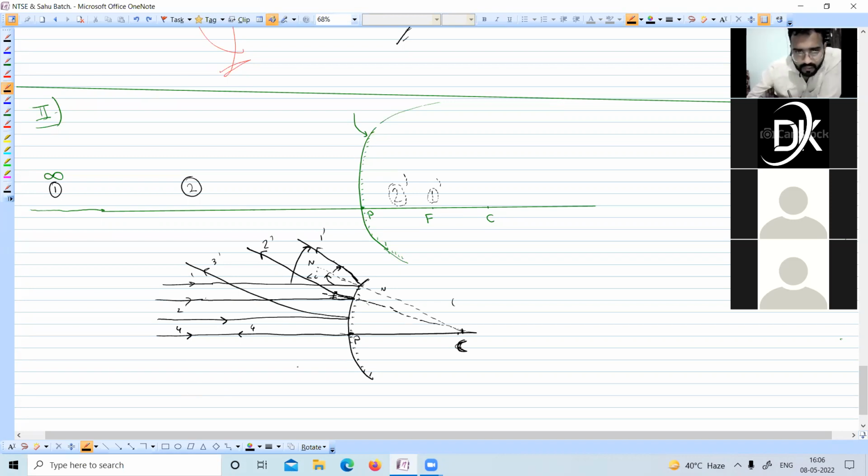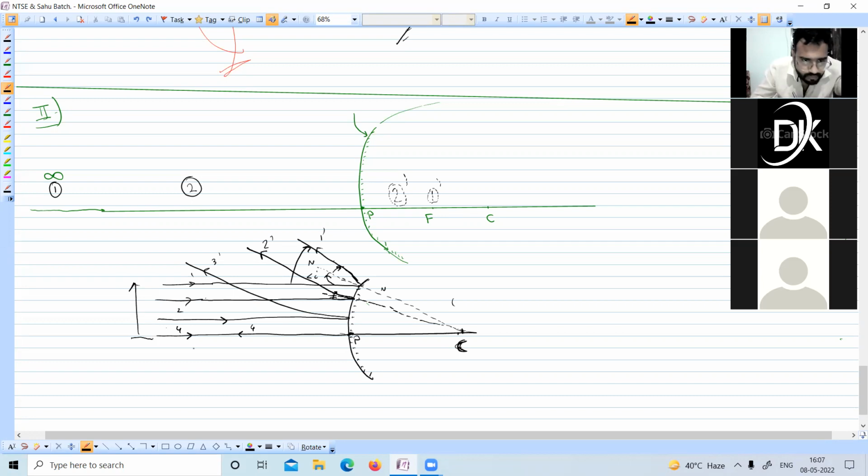Getting 0-degree and 180-degree, you are all confused. I know many students are confused about when to take an angle of 0-degree and when 180-degree. I'll let you know that in the numerical part when it comes, don't worry. So the interesting thing we found is that the farther we are from the principal axis, the more is the divergence, because the angles are more.